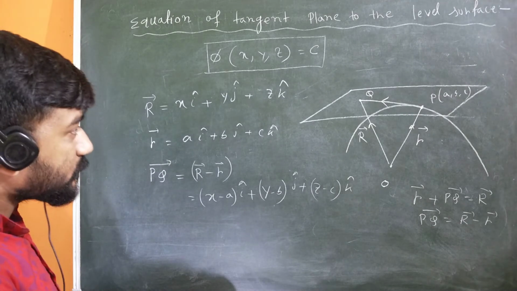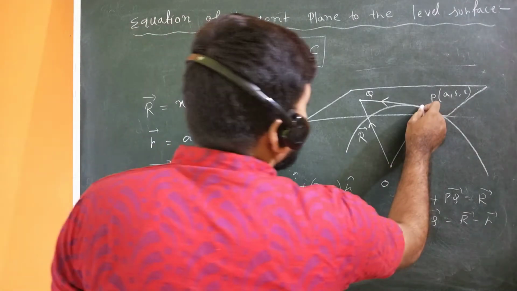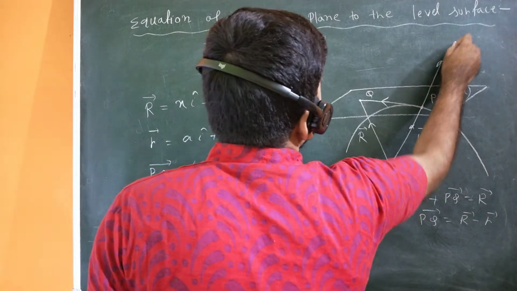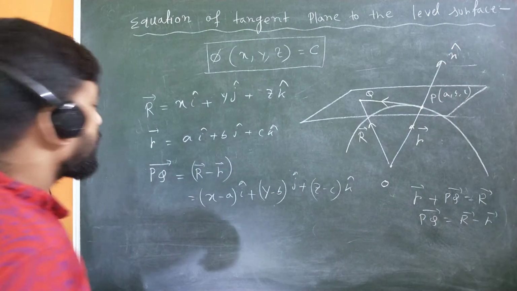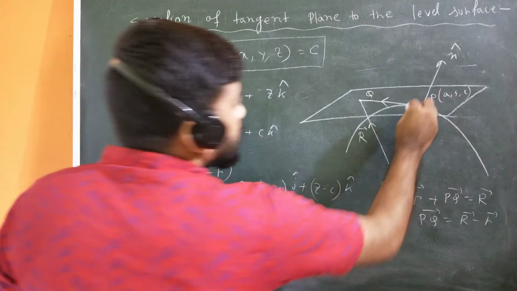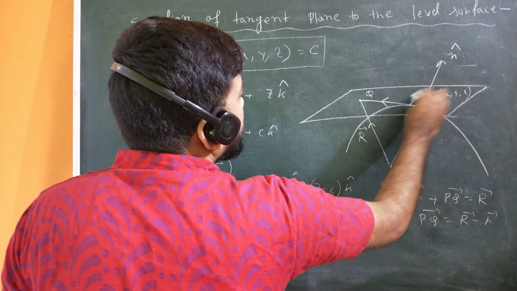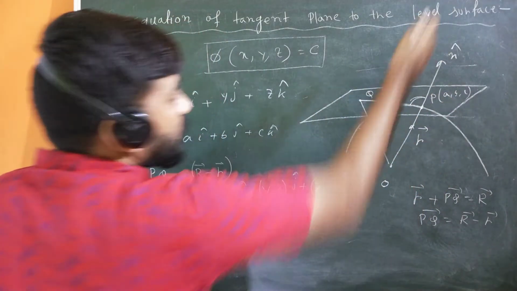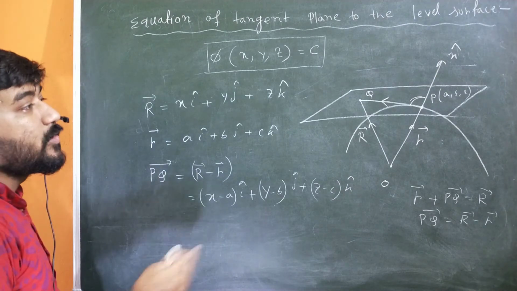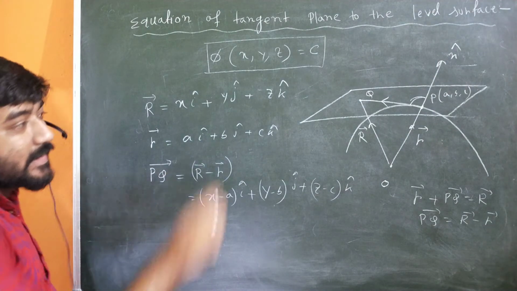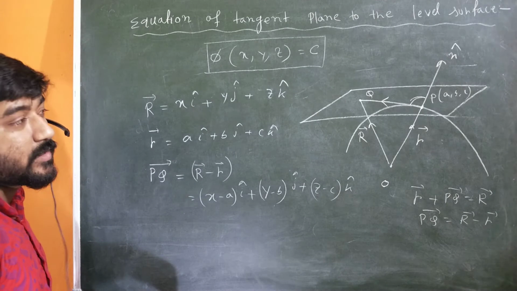Now if we take the normal to this surface along n cap, then n cap and PQ are perpendicular to each other. The angle will obviously be 90 degrees, because PQ lies on the tangent plane and n cap is the normal. So the angle between PQ and n cap is 90 degrees, and that is the key point to find the equation of the tangent plane.